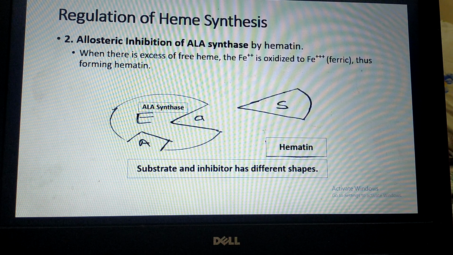So the diagrammatic representation of this mechanism is shown here. Hematine binds at the allosteric site of the enzyme ALA synthase and brings a conformational change in the active site of the enzyme. Therefore the substrate cannot bind there and the synthesis of ALA stops. So in this way the hematine will relieve the symptoms.